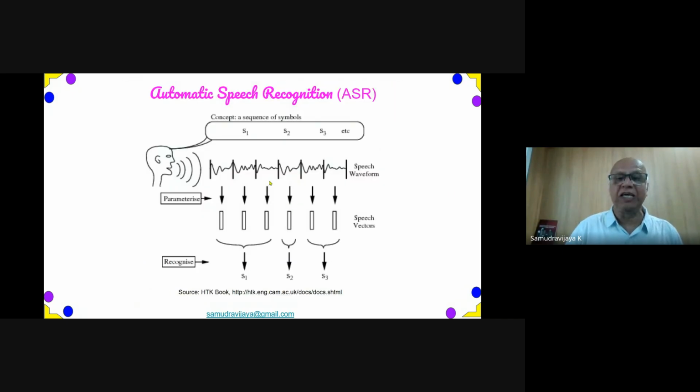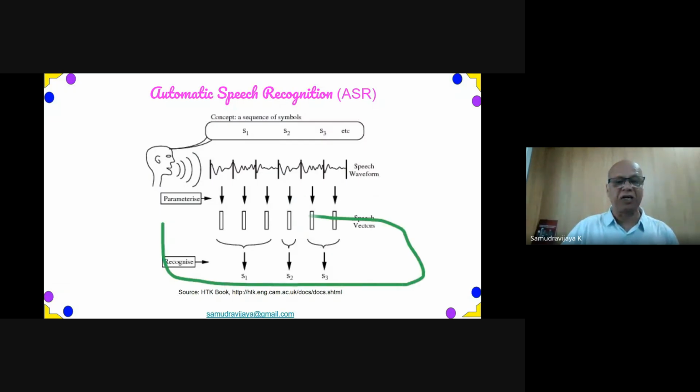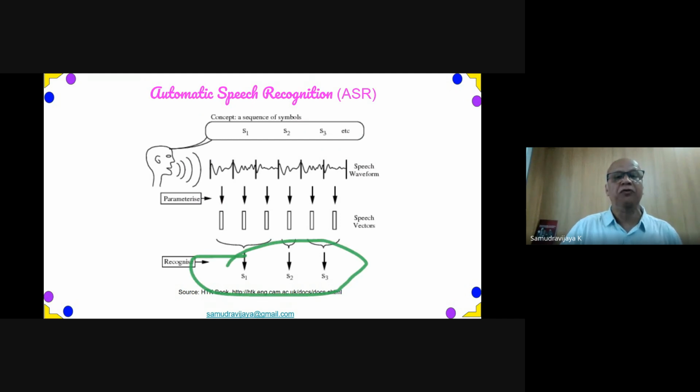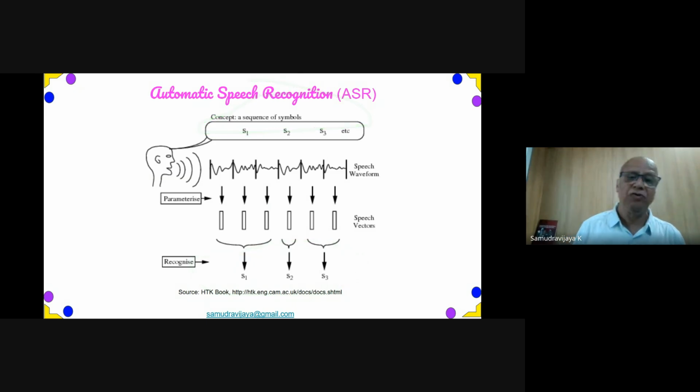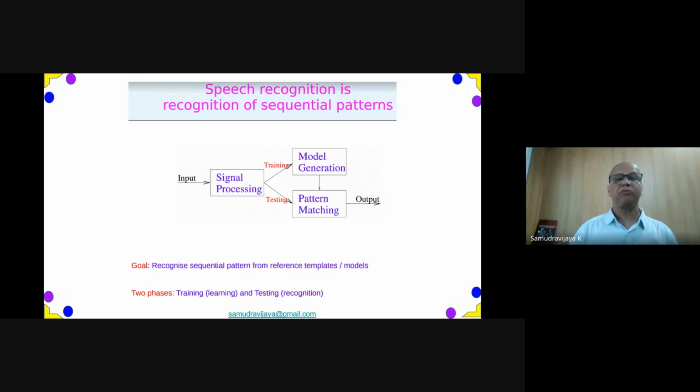This is called short-time speech processing. Those speech vectors are fed to the automatic speech recognition system. So the input to the ASR system is speech vectors, and the output is the sequence of symbols, the word sequence, which the original person has spoken. So that is ASR. We already know about it, therefore I'll not spend much time on this.